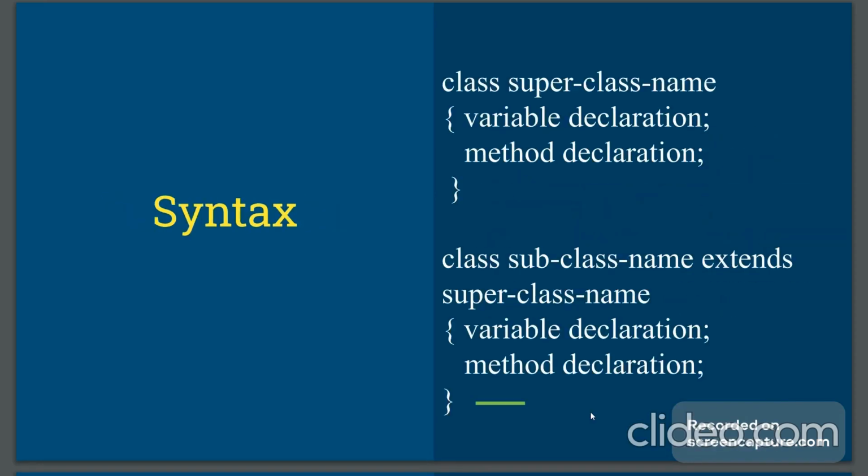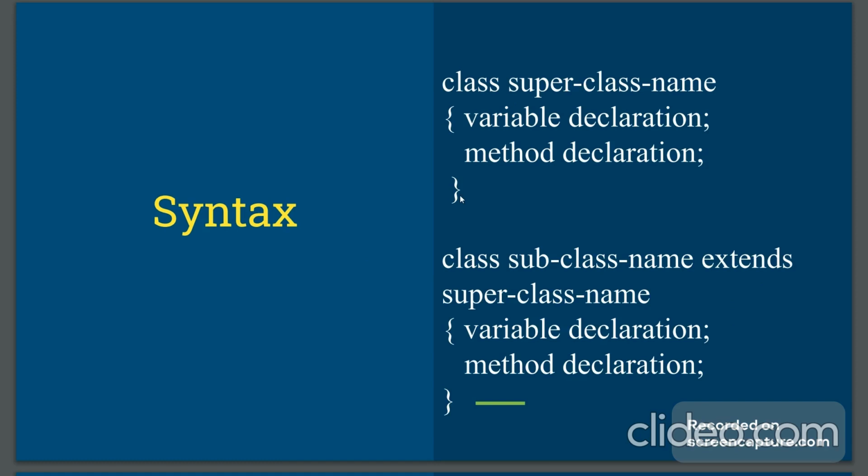Now, we will see how we can inherit a class, how we can derive a new class or child class. The syntax is: while writing a base class, we define it the regular way: class, superclass or base class name, variables and methods of this base class, closing bracket of the class.